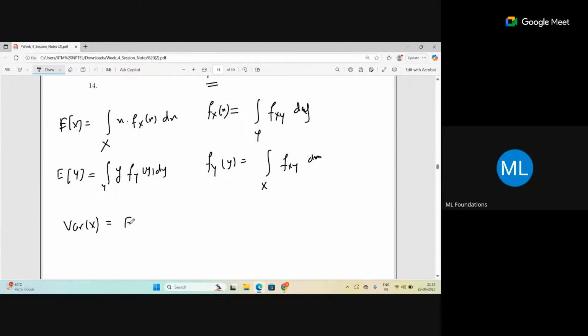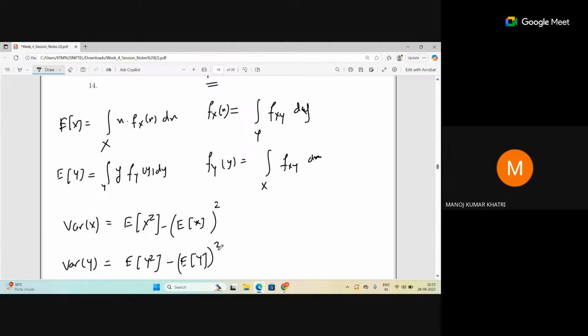What will be the variance of x? That is nothing but expectation of x square minus the square of expectation of x. Variance of y is expectation of y square minus the square of expectation of y. Expectation of y square is integration over the range of y, y square into f of y of y, dy.